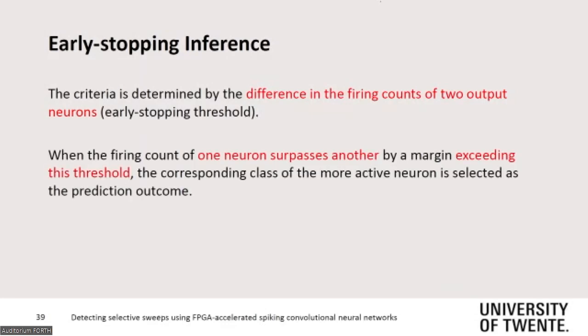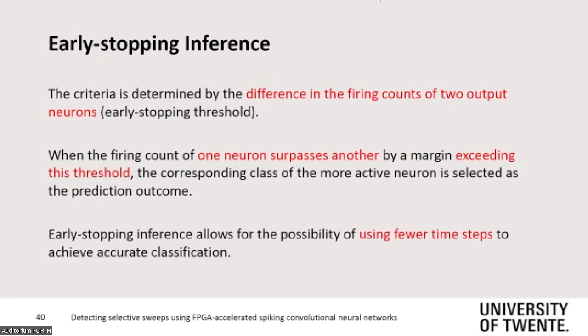When the firing count of one neuron surpasses the other by a margin exceeding this threshold, we consider that the class corresponding to the more active neuron is selected as the prediction outcome. This early stopping inference allows us to use fewer time steps, which means we process fewer rows to achieve accurate classification.